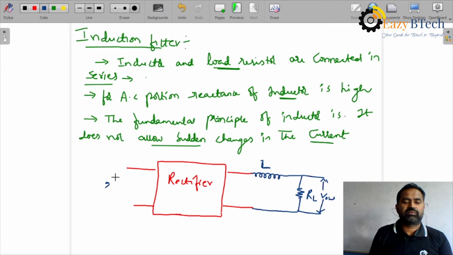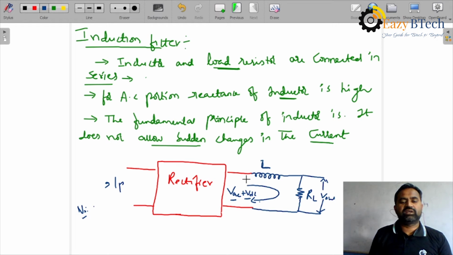Here the input has ripples. V out is equal to VAC plus VDC, the output of a rectifier.